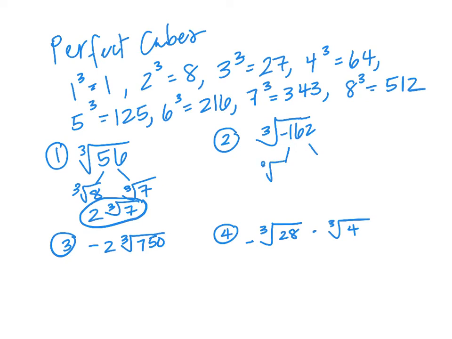So the cube root of negative 27 times the cube root of 6. And so since 27 is a perfect cube, when we take it out of the radical sign, it is going to become negative 3. We're going to bring the negative with it. And then inside the cube root, we have 6.